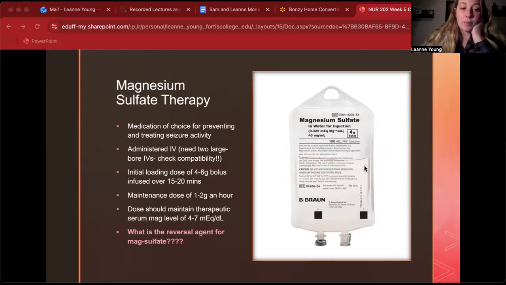And then the dose should maintain therapeutic serum mag levels of between 4 and 7. Okay. So these patients are getting routine magnesium draws to assess for toxicity. The reversal agent for magnesium sulfate is calcium gluconate, which you need to have present at your bedside if you're going to be administering magnesium.